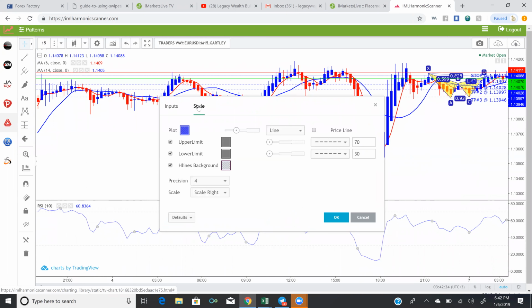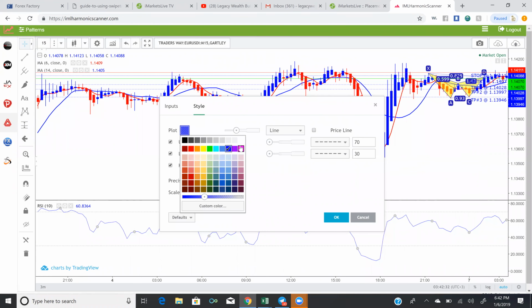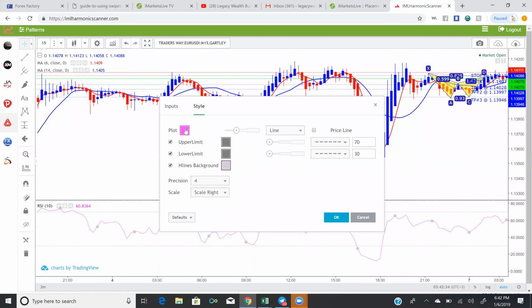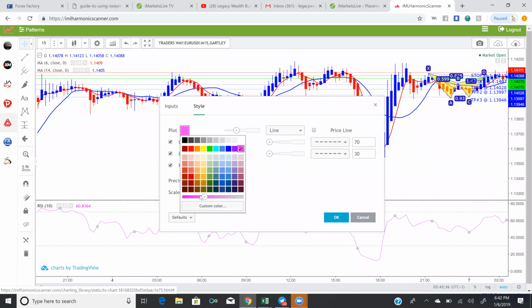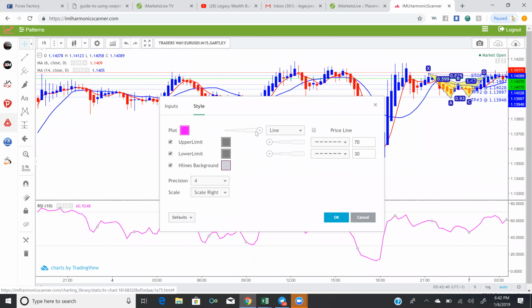Go to style. Yeah, fuchsia. So this little pinky fuchsia color. Always make the color thicker. So there's that. Make it thicker here, some deeper color. Uncheck lower limit, uncheck this.